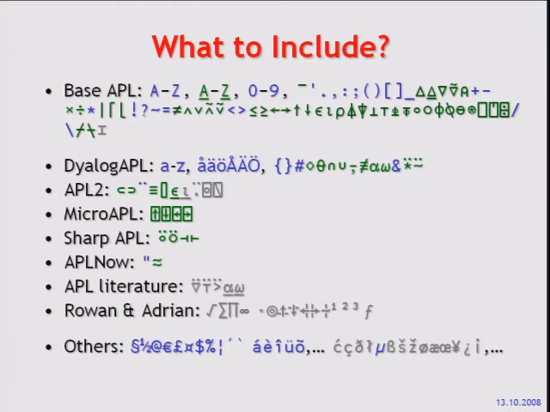There are some glyphs that are used in Dyalog APL, some in APL2, and some on rarer occasions. And because in Adrian's keyboards we found some interesting glyphs too, if they can be put on the keyboard, that's okay. And other symbols too, not only APL symbols, but other symbols that might be used on the same keyboard.